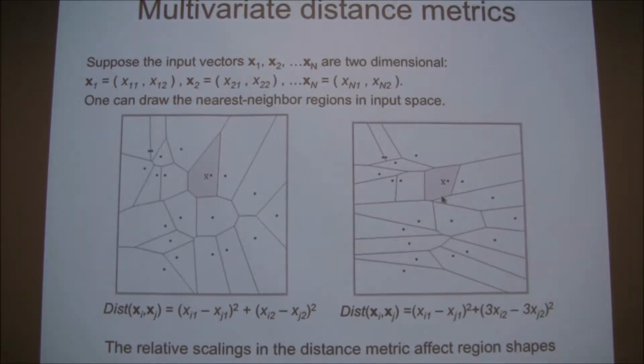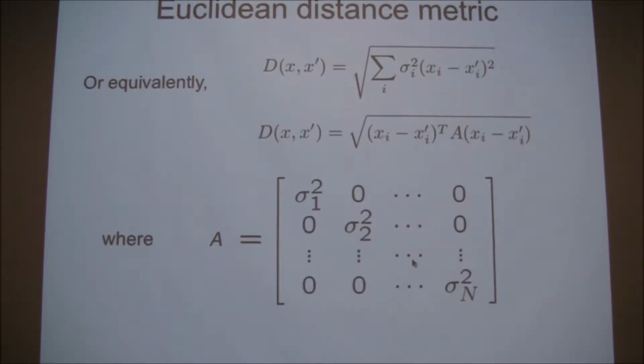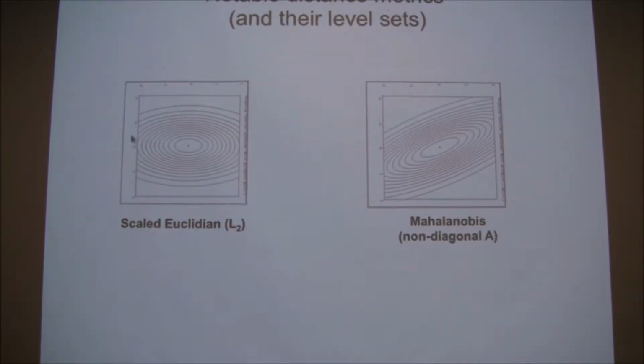And it matters how you compute distances, because if you start scaling your dimensions, these cells get shifted. We had introduced you to a couple of distance metrics, the Mahalanobis metric, where you stick a positive semi-definite matrix in between the differences, and it changes the contour maps from circles to ellipses or non-axis-aligned ellipses.